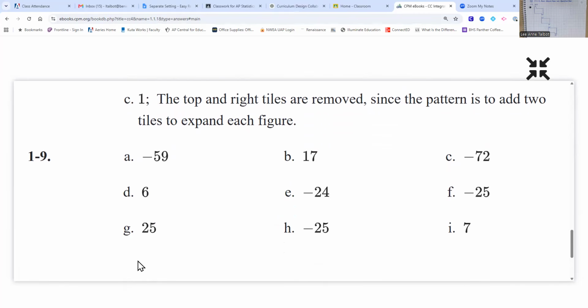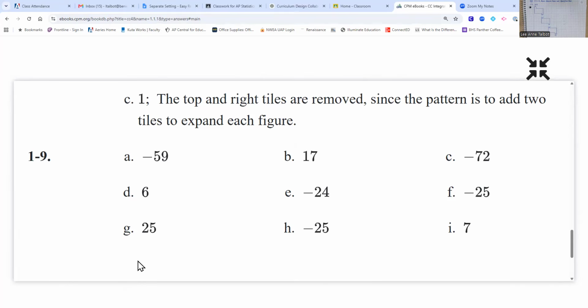I really want you to focus on the difference between G and H. What happened with G and H?